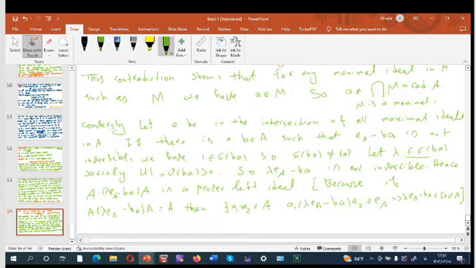So this is a proper left ideal, and we know that any proper left ideal is contained in a maximal ideal.